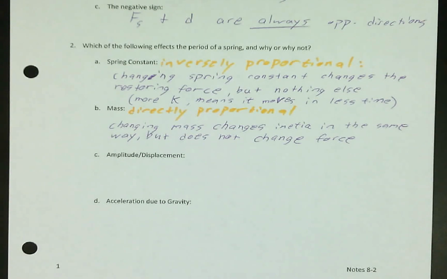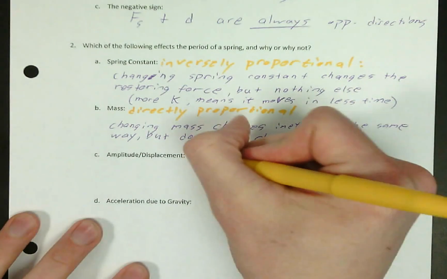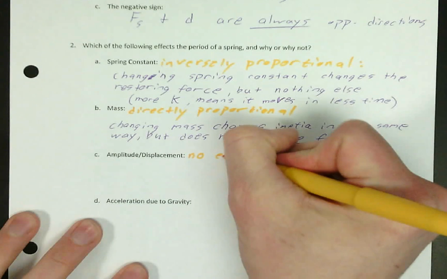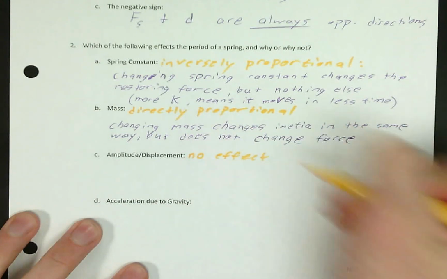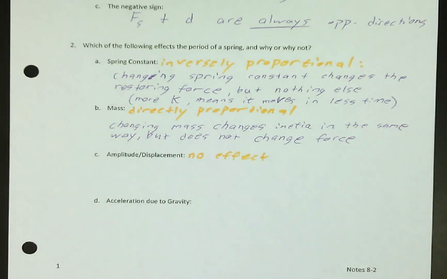All right. Amplitude and displacement, we found that had no effect. The reason for this one is we know that amplitude and displacement makes it go further. It's got further to travel. So you would think that would take longer because it has further to go. But just like in the spring one, the more you displace it, the more force you give it.